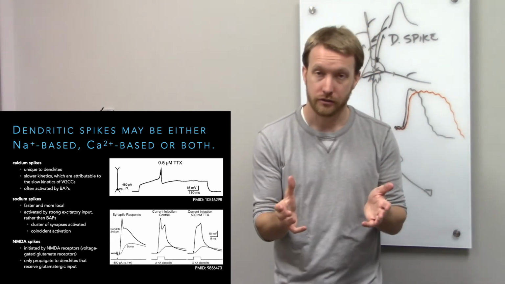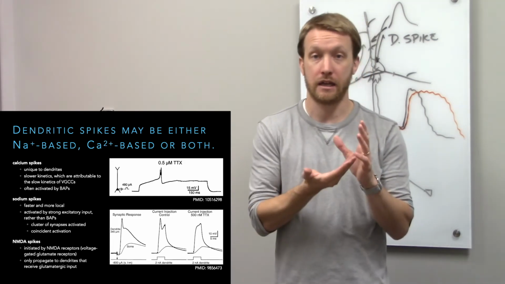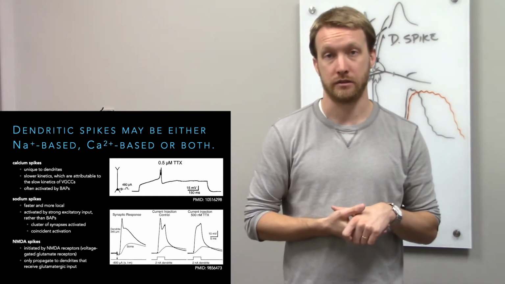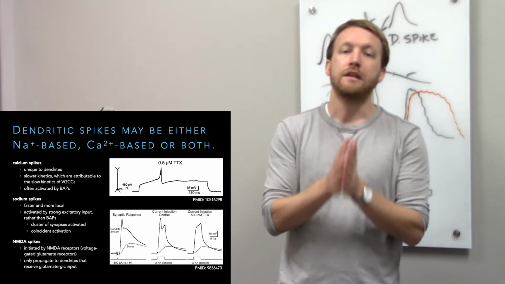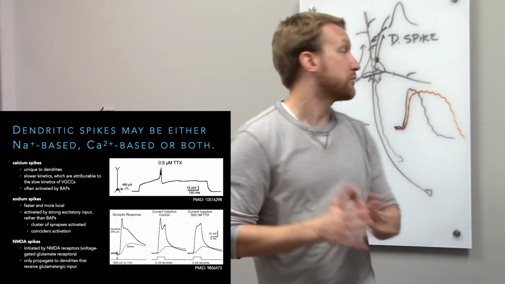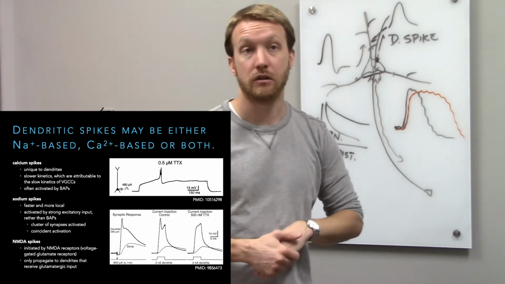These are a little faster, and that's because of the activation then inactivation of voltage-gated sodium channels. So they're a little bit faster. And these are going to be driven more by the excitatory input out there in the dendrites. That's more typically going to cause a sodium spike.